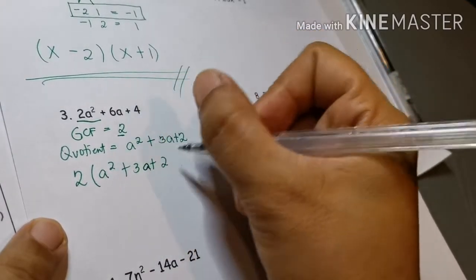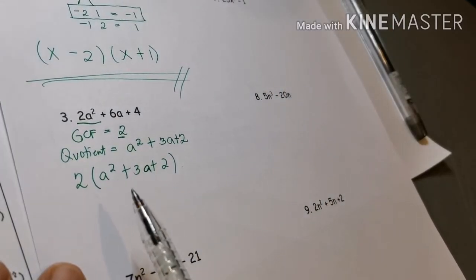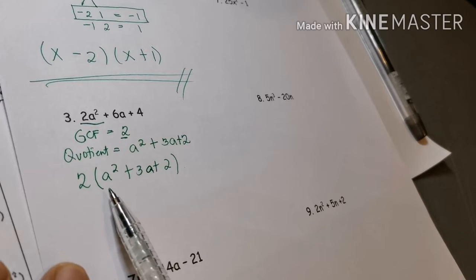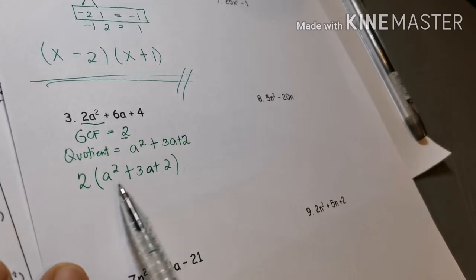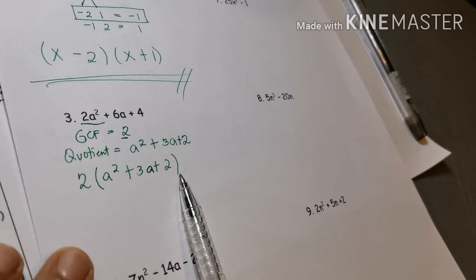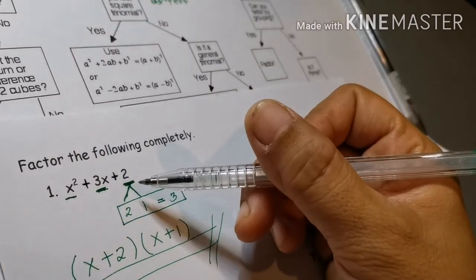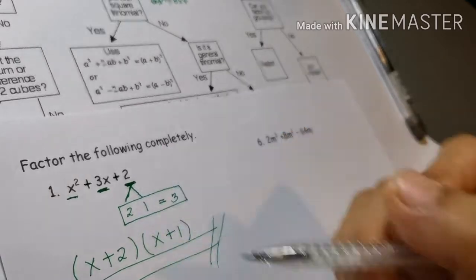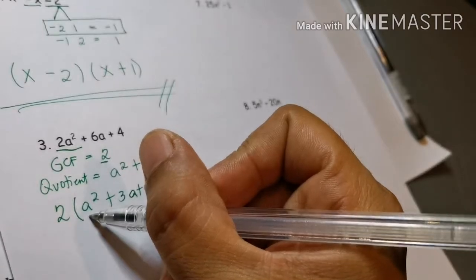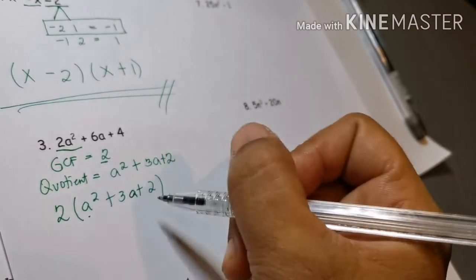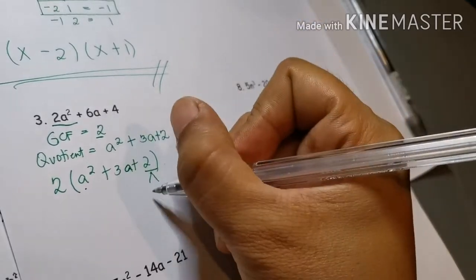But we are not yet done, because our quotient is still factorable. It is the same with our number 1, we just use different variables. Therefore, we are going to get the factors of this.